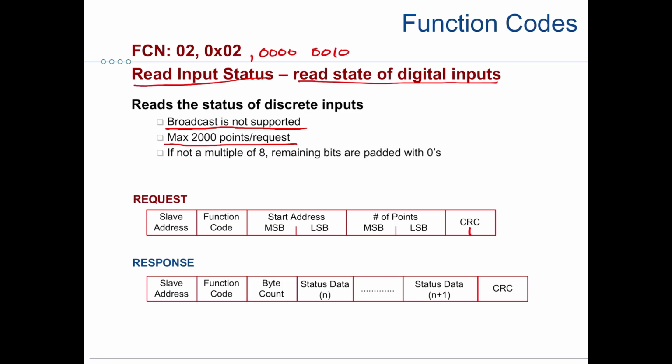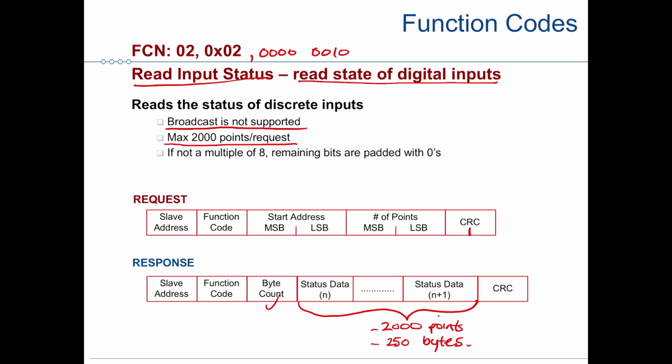And then as far as the response goes, it's no different than the 01 in that there's a byte count. There's status data as opposed to coil data, because this is a DI value. And the maximum size this could be then is 2,000 points, which would take 250 bytes to report.